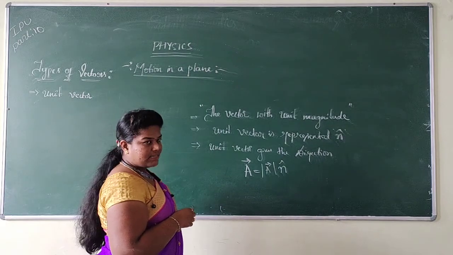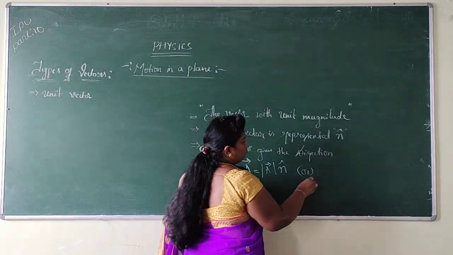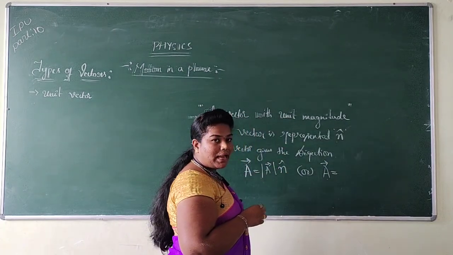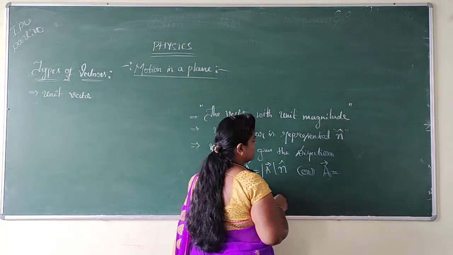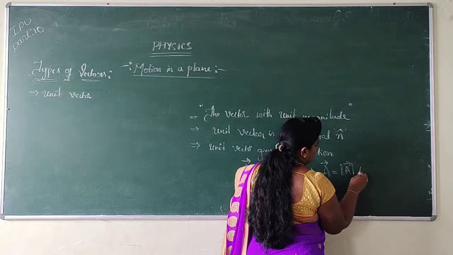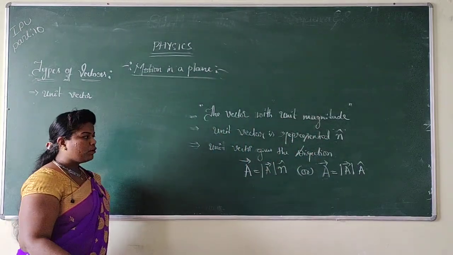Even you can represent it in this way also. So A is a vector, and it has both magnitude as well as direction. The magnitude of vector A is this, as well as the direction of the vector is written as A cap.